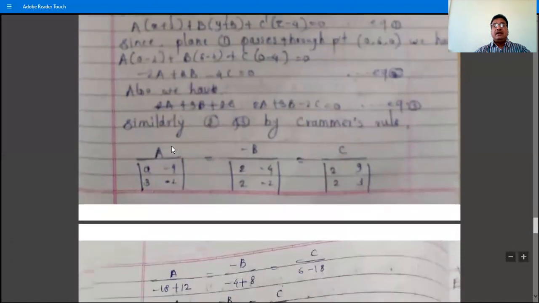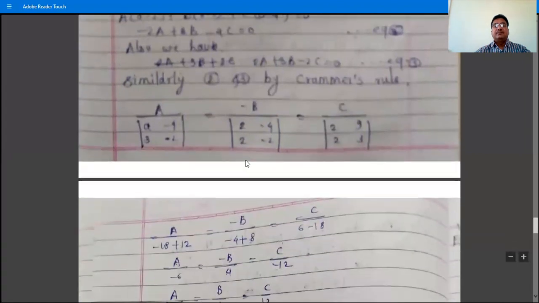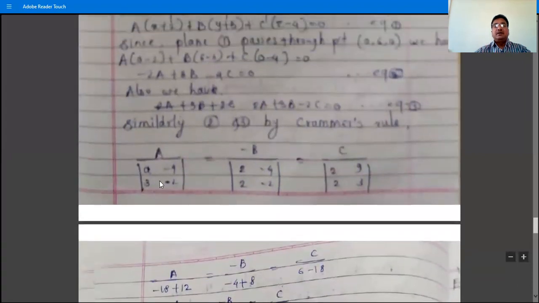And then write A divided by the determinant. The determinant is: cancel the first column. So 9, minus 4, then 3, minus 2. The coefficient of C, so write minus 4, minus 2.